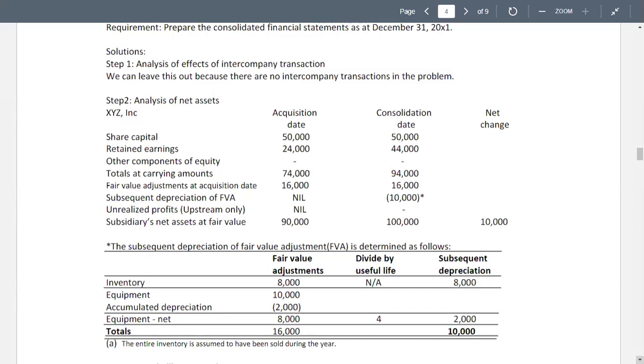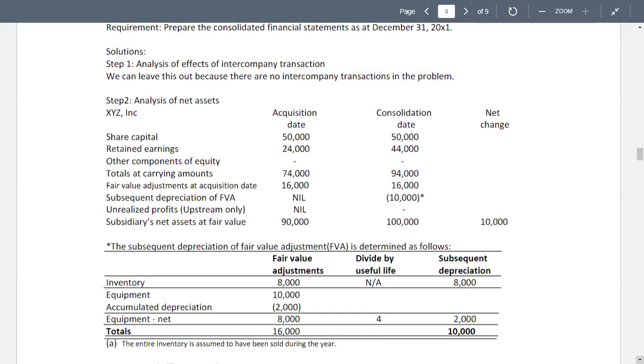When the fair value adjustment in your inventory will finally be closed to cost of goods sold because the inventory affected by the undervaluation was sold during the year. So that's why the 8,000, you will notice later after this, when we have journal entries, is finally closed to cost of sales. So it's amortized in just 1 year's time.